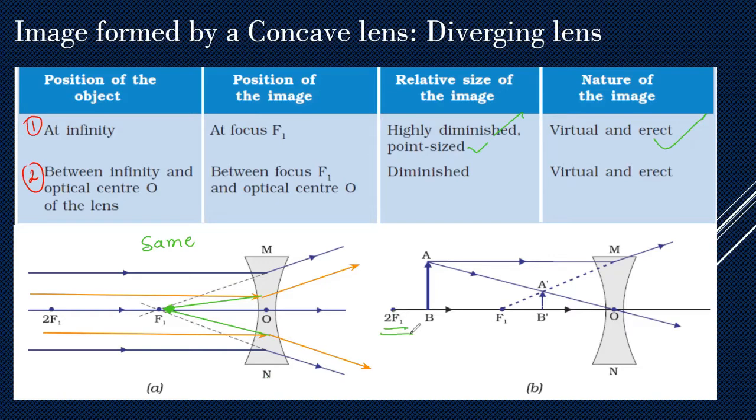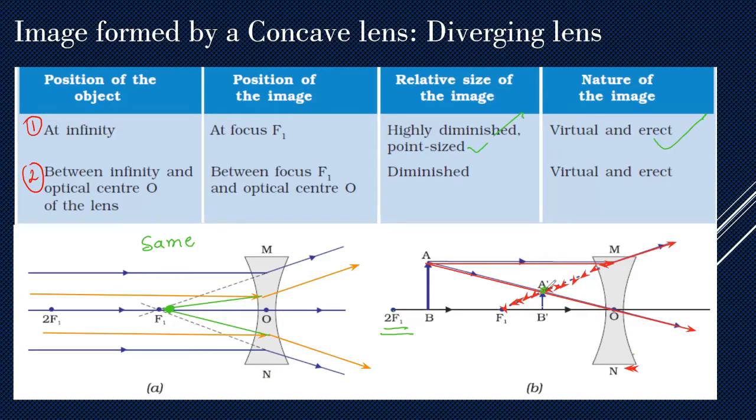Now again, take one ray which is parallel to the principal axis. It is going to get diverged, but it appears to come from a point that is your focus. Take another ray which is passing through the optical center. It will go undeviated. Obviously, the point where these meet is going to be my image point, right?